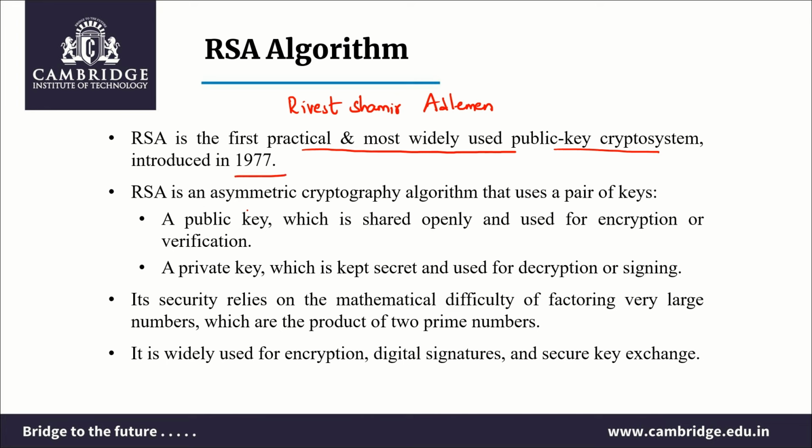RSA is an asymmetric cryptographic algorithm. When we talk about asymmetric cryptography, it means that we are dealing with two different keys: one is the public key, and the other one is the private key. The public key is accessible to everyone, and it is used for encryption or verification purposes. The other key, called the private key, as the name indicates, is kept secret and is not revealed to anyone.